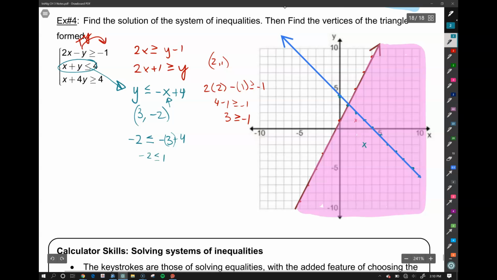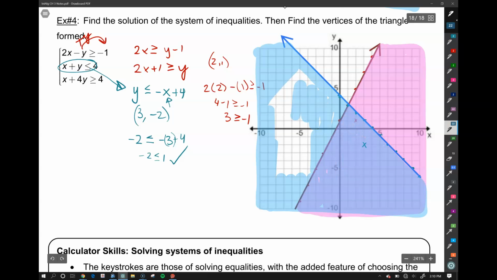Is -2 less than 1? Yeah, it is. So I know I'm going to shade below my line. Cool. All right.